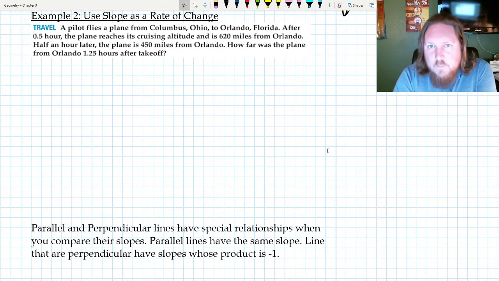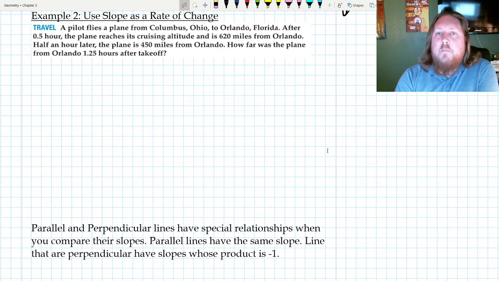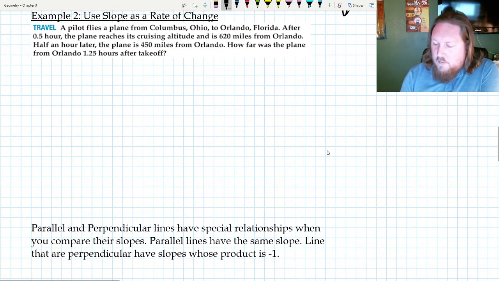Okay. So let's take a look at it here. Let's break down some stuff. So we've got where we're leaving and where we're heading, right? So a half hour, it reaches its cruising altitude and is 620 miles from Orlando.